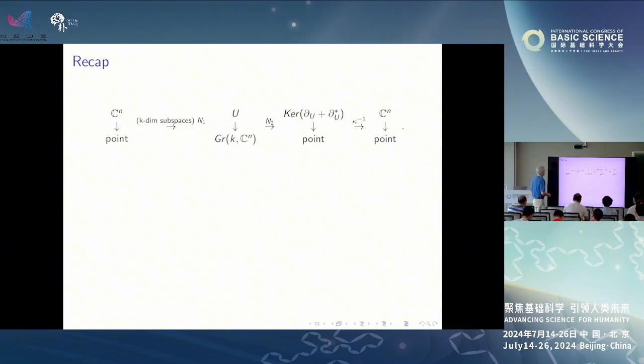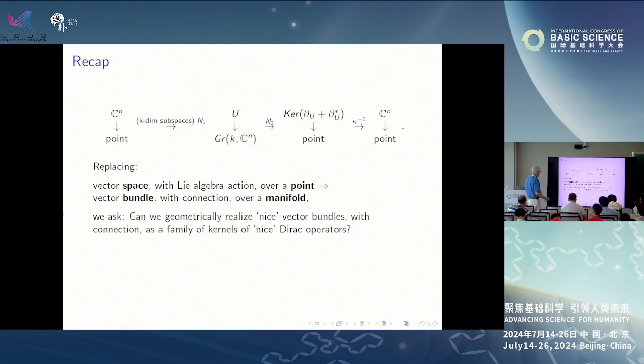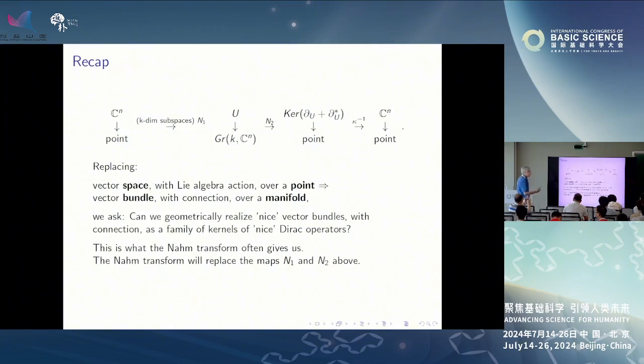So we're going to replace the vector space, which had a Lie algebra action over a point, with a vector bundle. The Lie algebra actions can be replaced by a nice connection, and the points can be replaced by a manifold. And so I'm going to ask: can we geometrically realize nice vector bundles with connection as families of kernels of nice Dirac type operators? And this is what the Nahm transform often gives us.